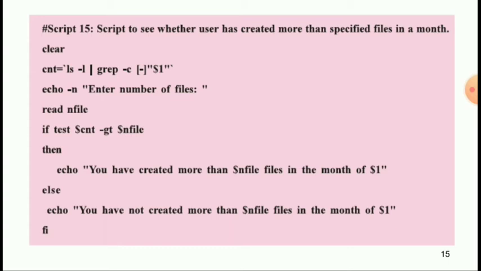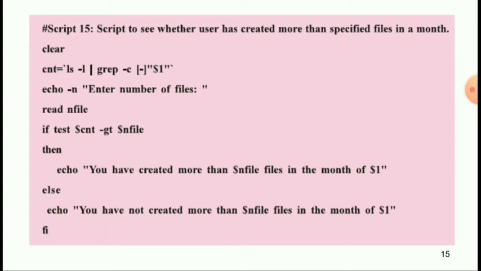Then we have defined a variable nfile, that is the number of files, that stores the number of files that we want to compare with. The -gt option, that means greater than, in the test indicates a greater than comparison. Here we are checking whether the value of cnt is greater than the value of the number of files or not.